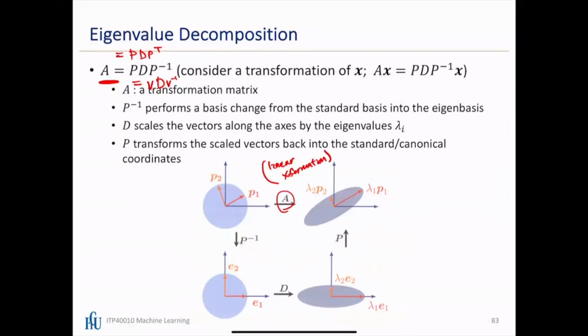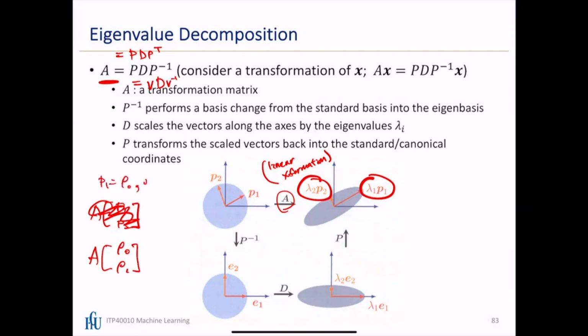So you rotate and scale P1 and P2 to somewhere in the space. But what is going to happen can be specified in this way.